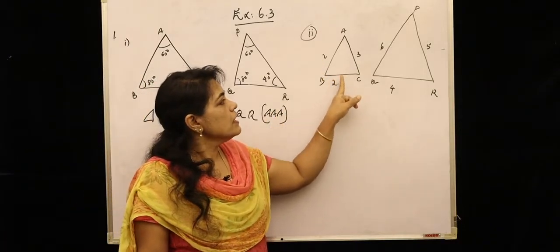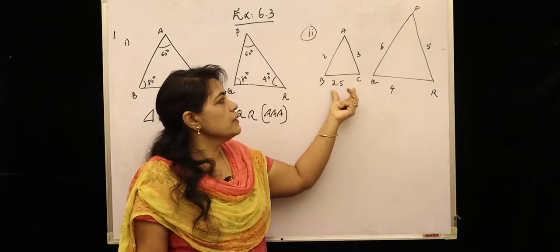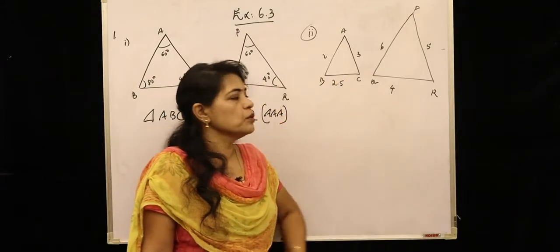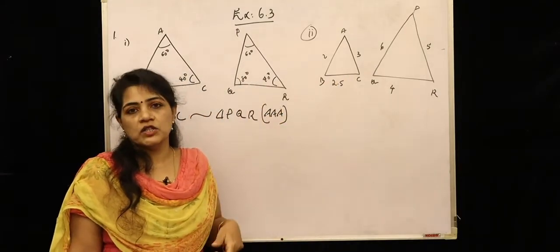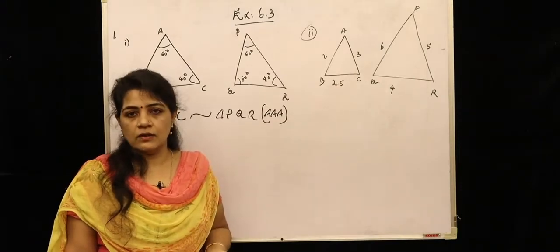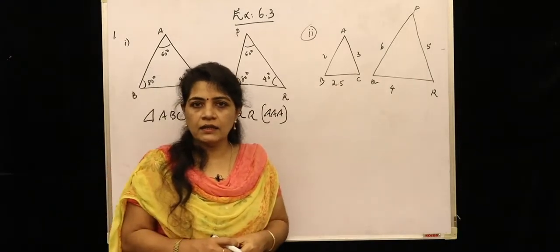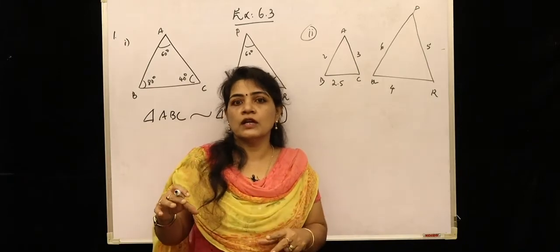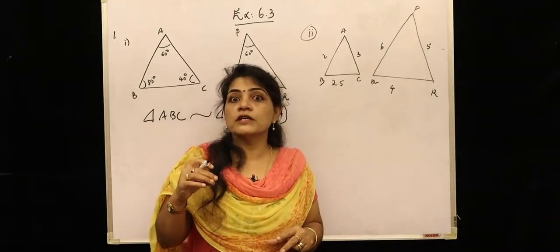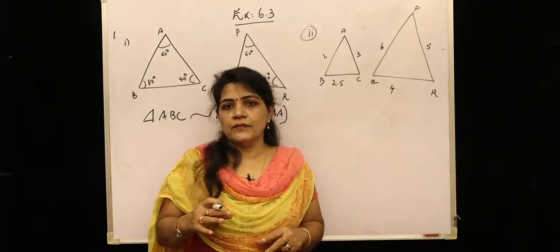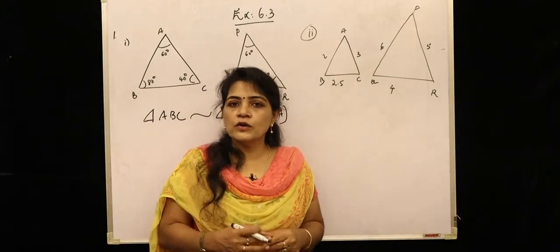Here in the figure you can see that in triangle ABC and in triangle PQR we are given the measurements in terms of sides. So in similarity the sides are in proportion. That means the ratio must be the same. That is the condition. Now we are going to check.